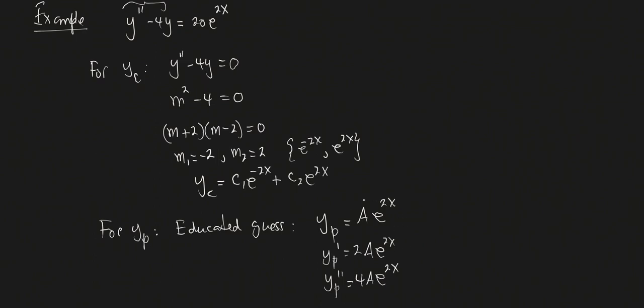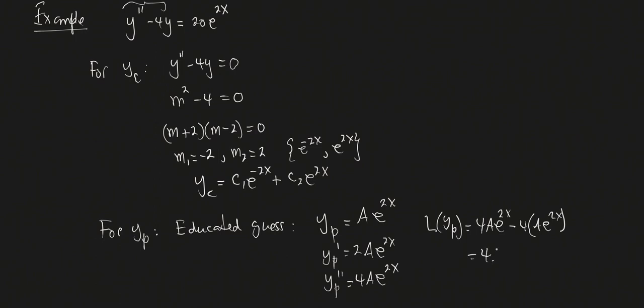And what we want now is, let's write down what L of y sub p is. So what does this differential operator do? It takes the second derivative, so 4a e to the 2x, minus 4 times my original function, a e to the 2x.